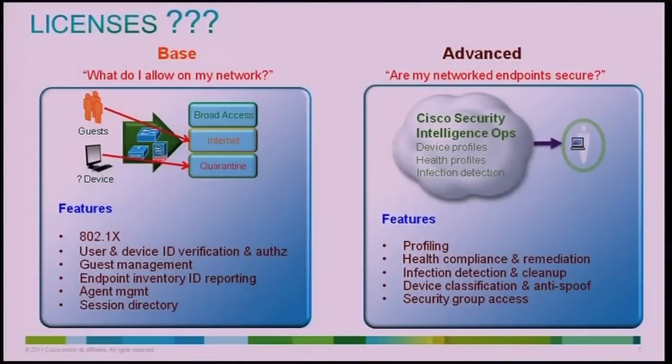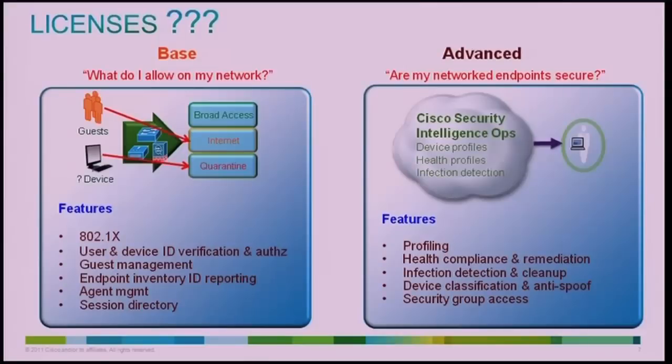You want to make sure what you allow on your network, if you're talking about the features. That's when you get the base license, and you get features like 802.1X, device verification, session directory, agent management, and ID inventory and ID reporting. So these kinds of features are there.